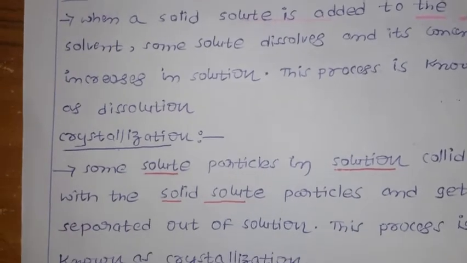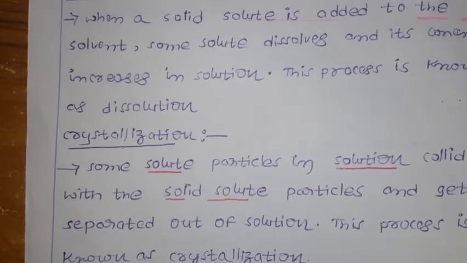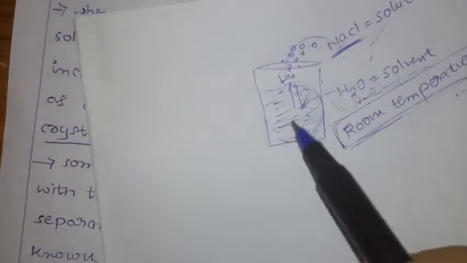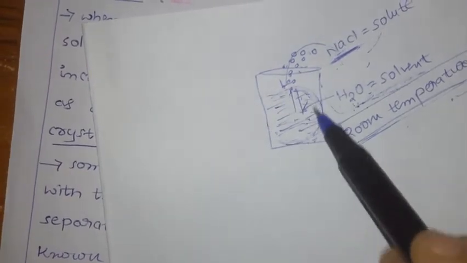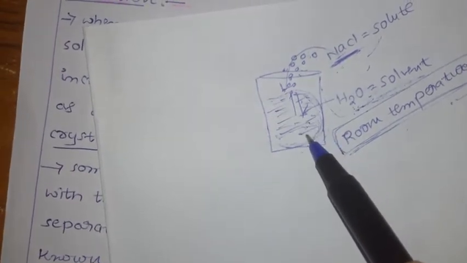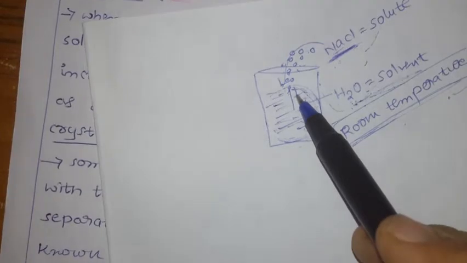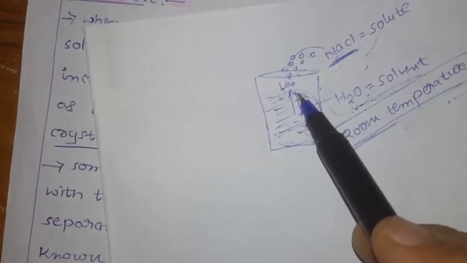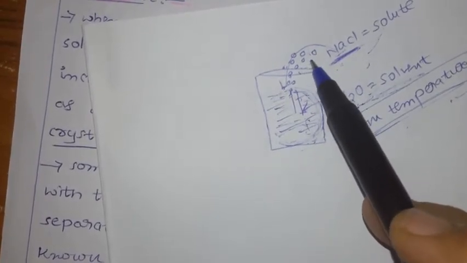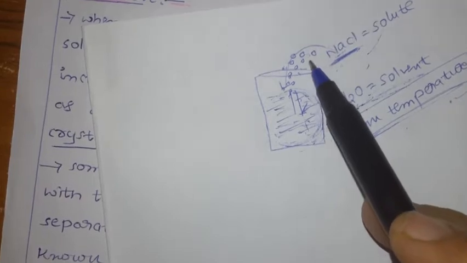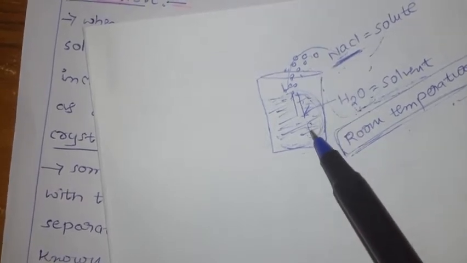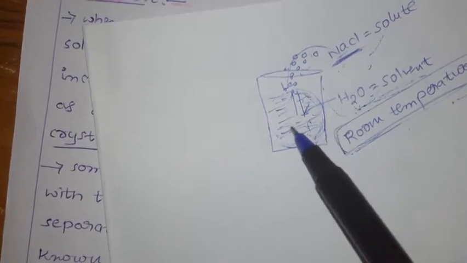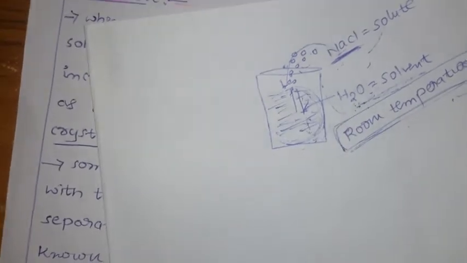This process is known as crystallization. Simply what I want to convey is that the dissolved sodium chloride will come out again as a crystal. How? The undissolved solid particles of sodium chloride collide with the dissolved particles and slowly come out. This process is called crystallization.